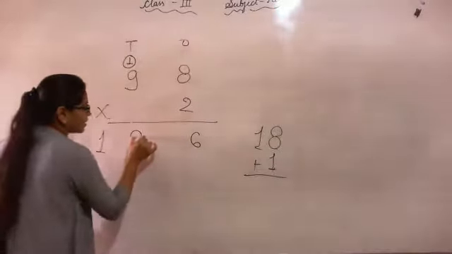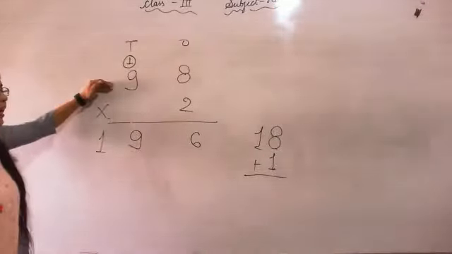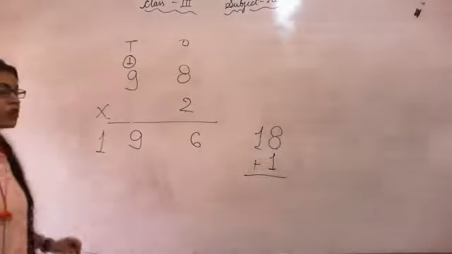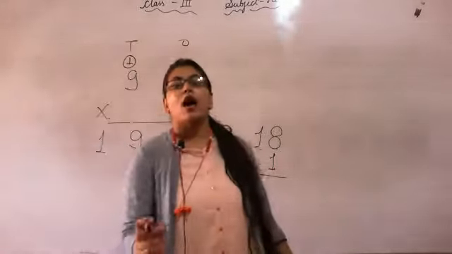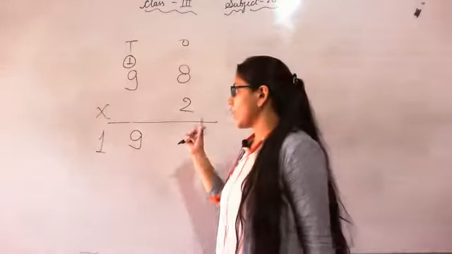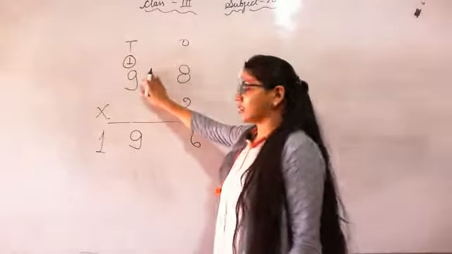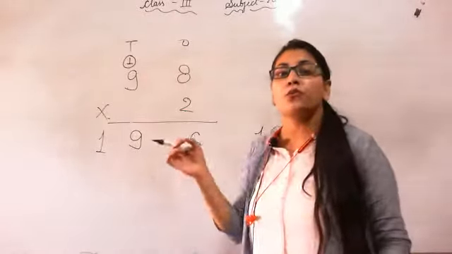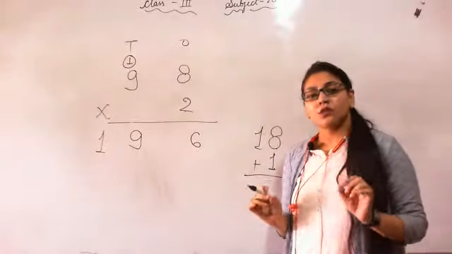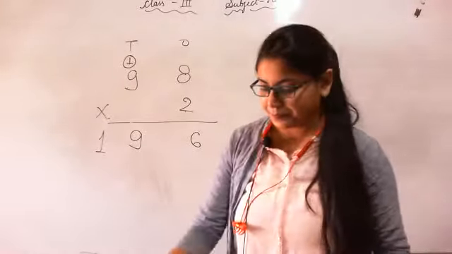So we will write 19. So 98 into 2 is equal to 196. So students, this is how we can multiply two digits by one digit, with regrouping and, in the earlier examples, without regrouping.